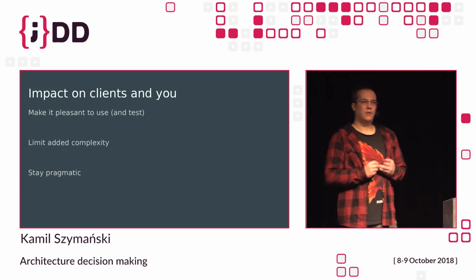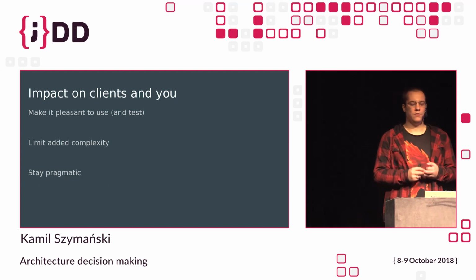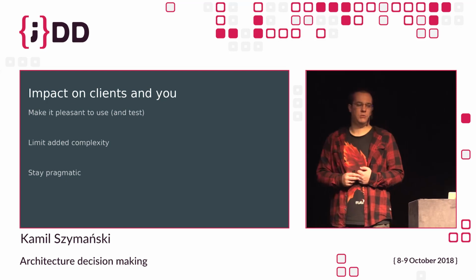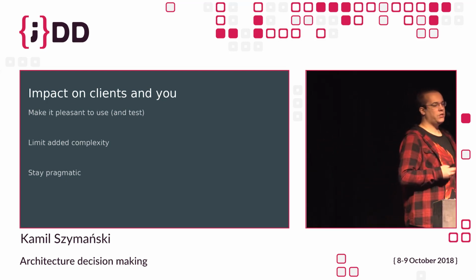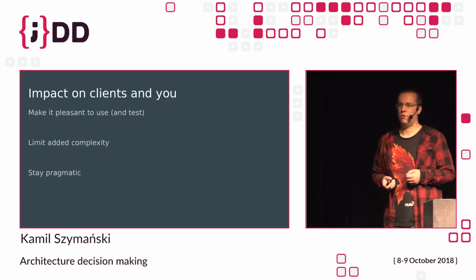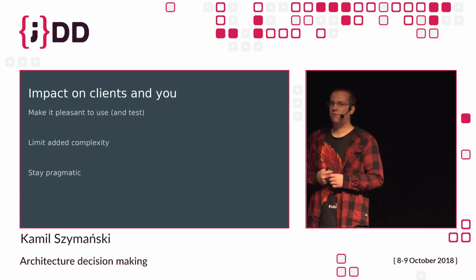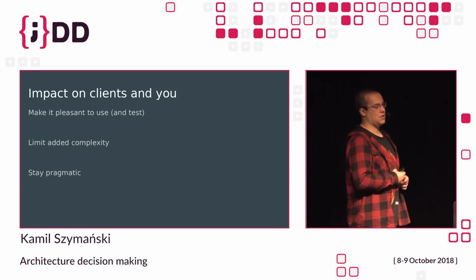Testing and maintenance are the things that we usually do not focus on when making those decisions, and this can be a real game changer. And whatever decision we make, we should strive for limiting the complexity that it adds to our platform. But still, we need to stay pragmatic. It's not about taking the most simplistic decision, the simplest solution.